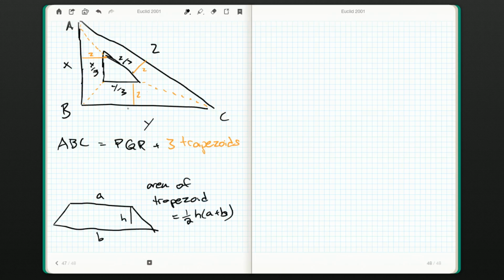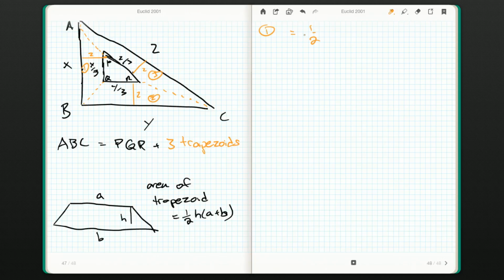Well, look at this base trapezoid here between Q, R, C, and B. We know that the 2 parallel sides are y and y over 3, and we know the height is 2. So we'll keep the trapezoid areas in orange. So we'll label them our first trapezoid, our second trapezoid, and our third trapezoid.